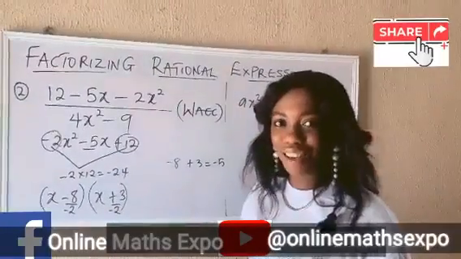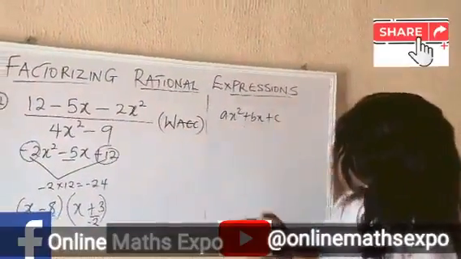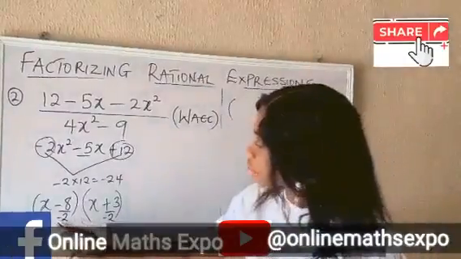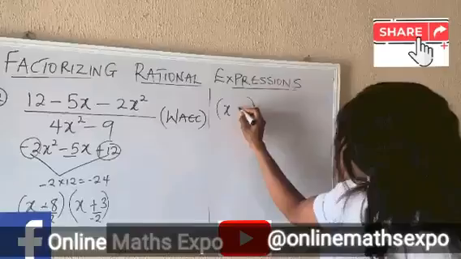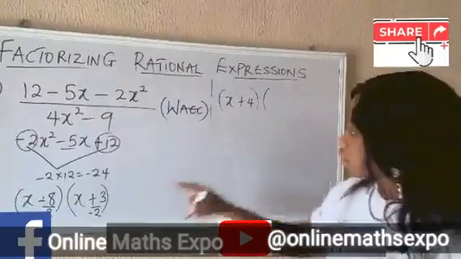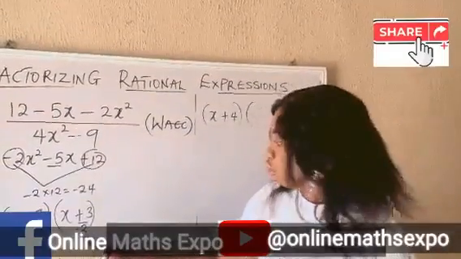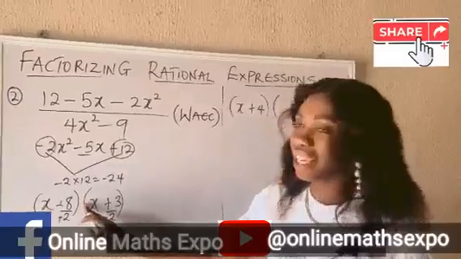I hope you are still there with me. When you divide minus 8 by minus 2, it will give us plus 4. So we have x plus 4. 3 cannot be divided by minus 2, so we are going to use this minus 2 to multiply x.